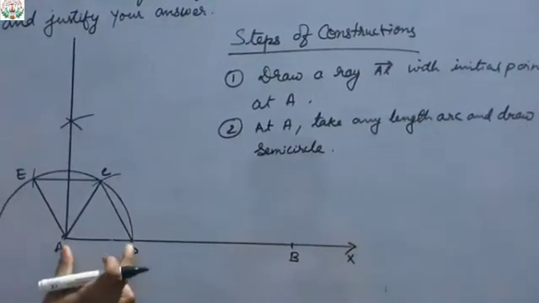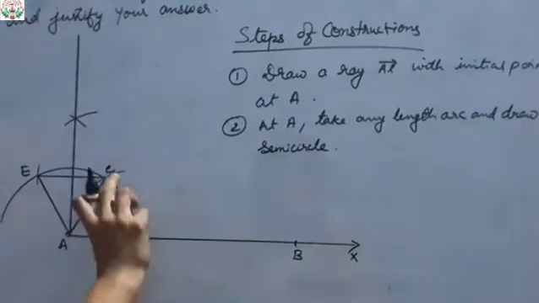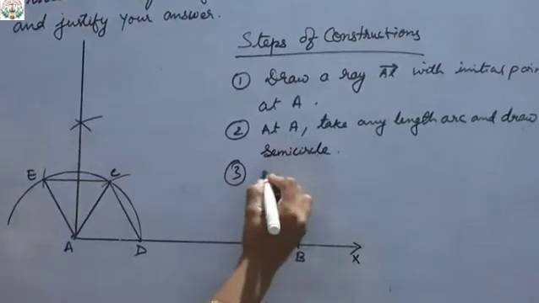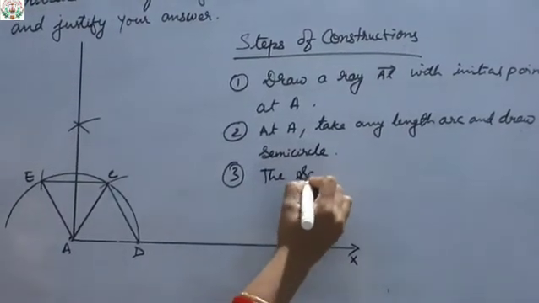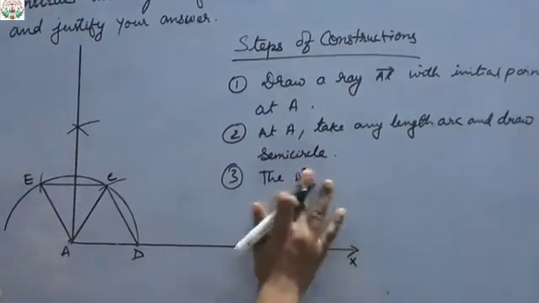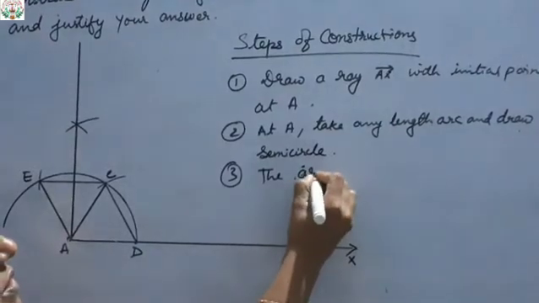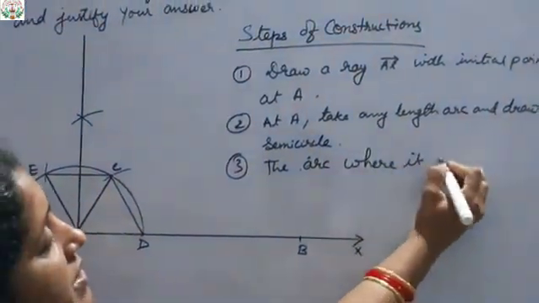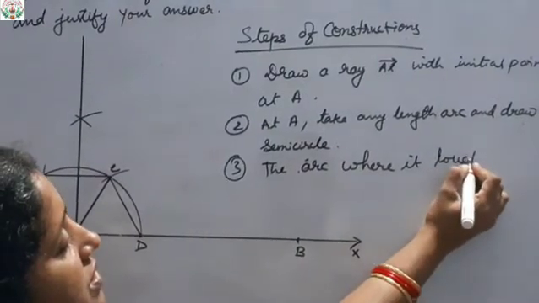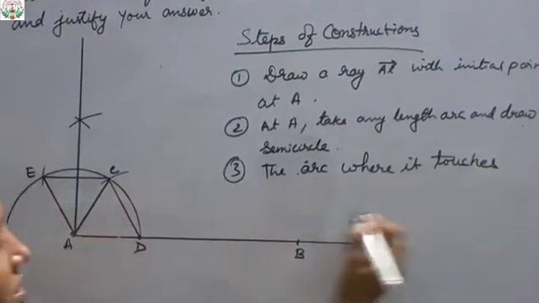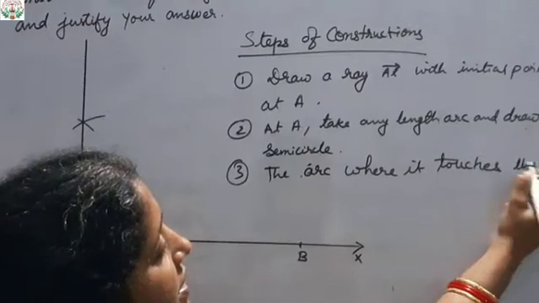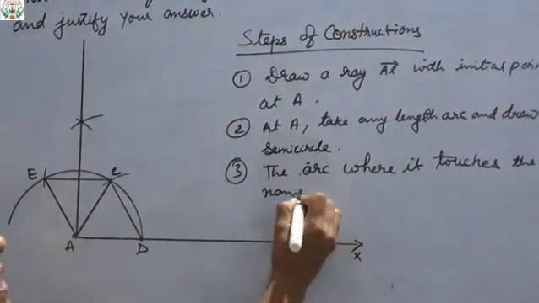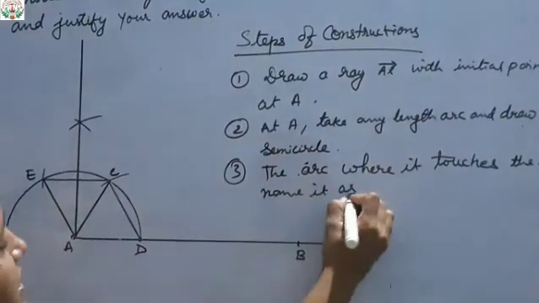Then with the same measurement of that arc, mark it at the same measurement, same arc, where it touches the ray. Name it as what? Name it as D.